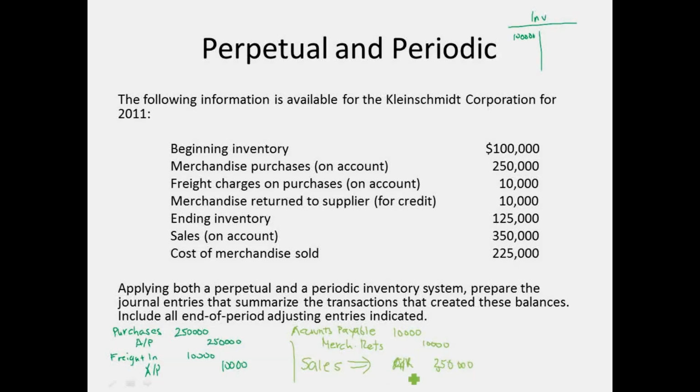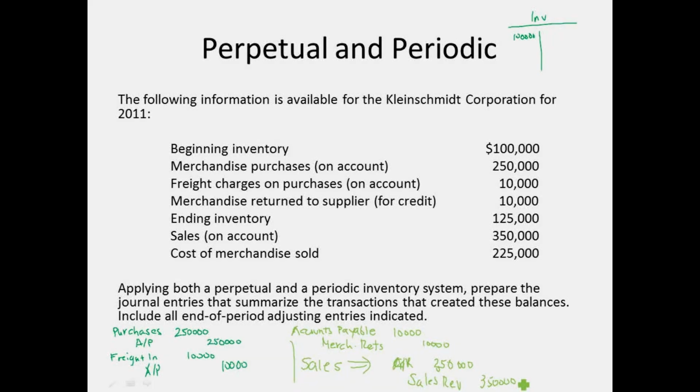It's $350, sales revenue. So this is what I do along the way. If you just replace purchases, freight in, and returns with inventory, it would be the exact same thing that I had done before. So this part's not super exciting.